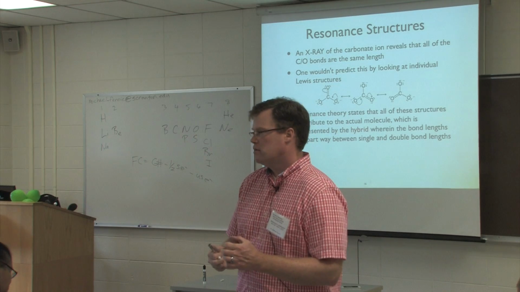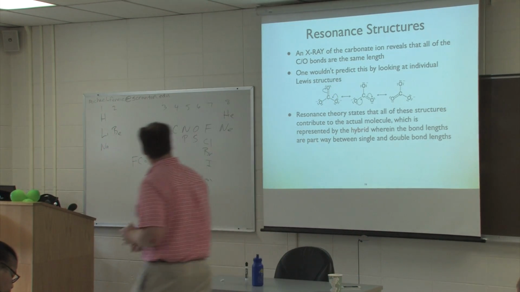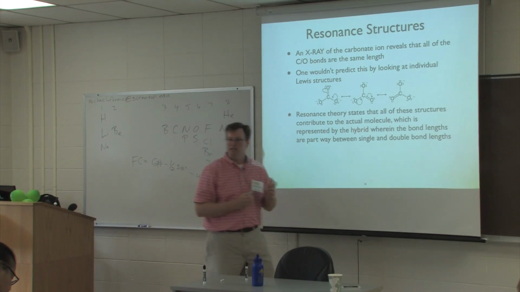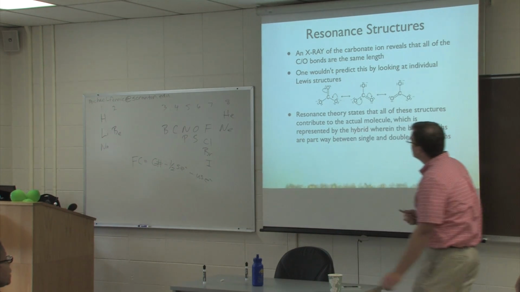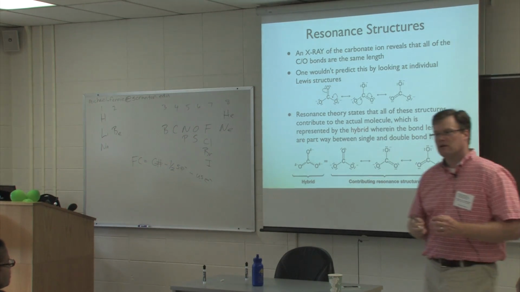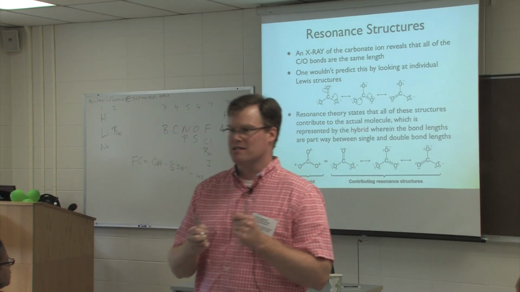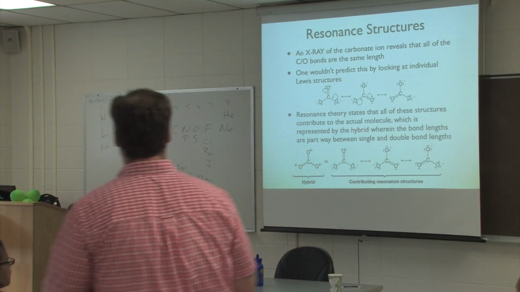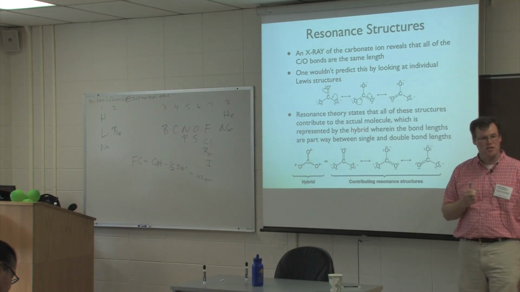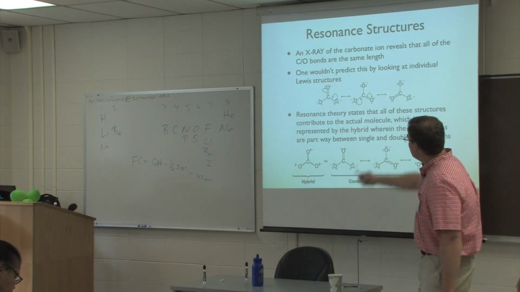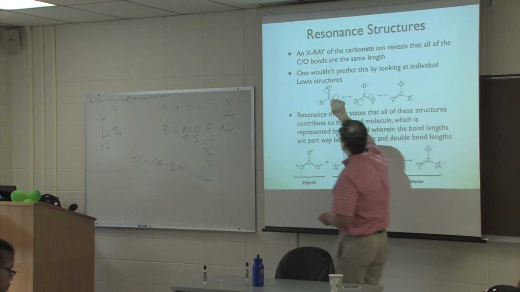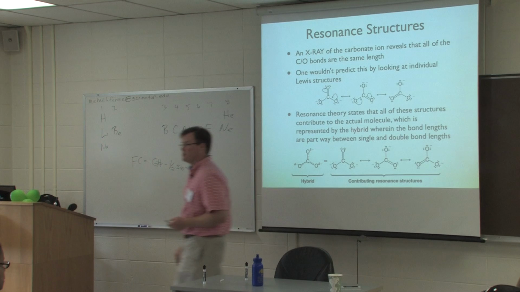When you take a picture of carbonate, we don't see a nice, neat double bond and 2 neat single bonds. We see a structure wherein there are equal bond distances between all of the carbon and oxygen bonds. We don't see differences in length. And if this was an accurate picture of what carbonate really looks like, we would expect to see this bond being shorter than the other 2 bonds.